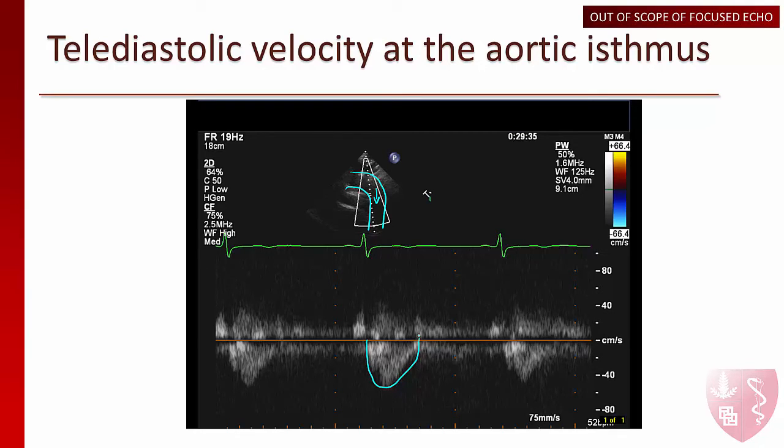And then during diastole, you will see some flow reversal, which will be positive and going backwards into the aorta and towards the heart. So the higher the velocity and the longer time of aortic flow reversal, the more important the regurgitation is.